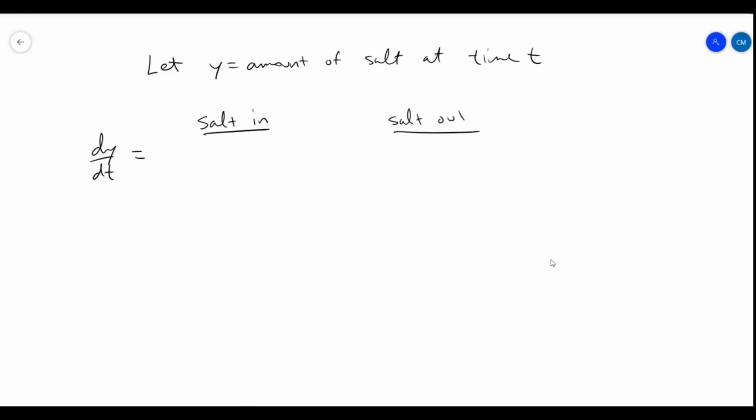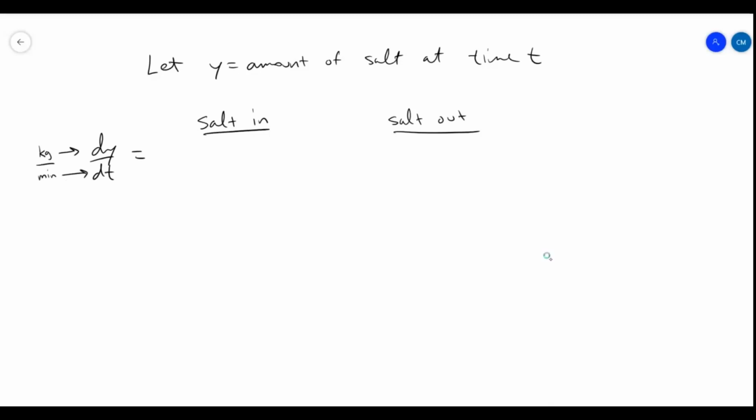And so how much salt is going in? Well, for that, think about what units we should be seeing on the left side there. We've got liters and minutes, right? Well, actually, sorry, kilograms and minutes, because we said y was the amount of salt. So this is kilograms in the numerator and minutes in the denominator.